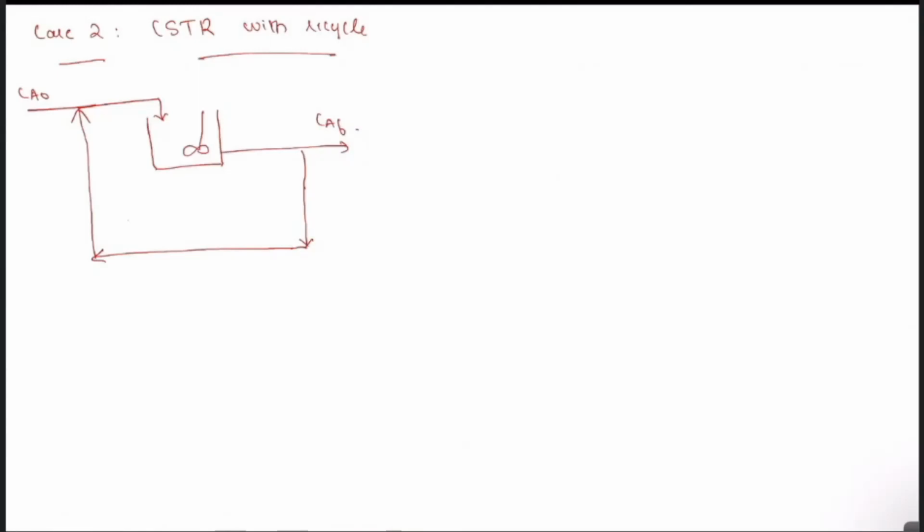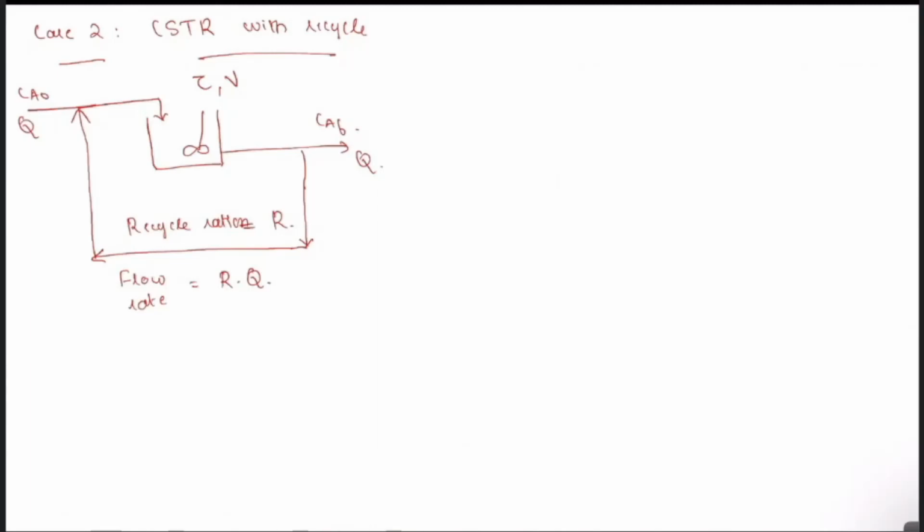Now the recycle ratio will be R, and this flow rate here will be R into Q. So Q is the flow rate initially, and again we'll take tau and V as our space-time and volume of our reactor. Right? The flow rate here also will be Q.